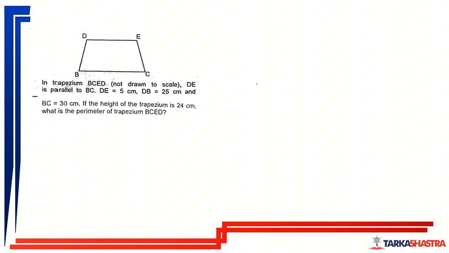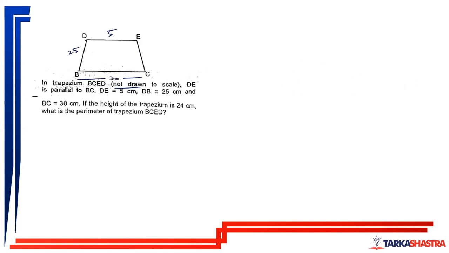In a trapezium BCED, not drawn to scale. They have already said that it is not drawn to scale. DE is parallel to BC. DE is 5. DB is 25. BC is 30. This total is 30.